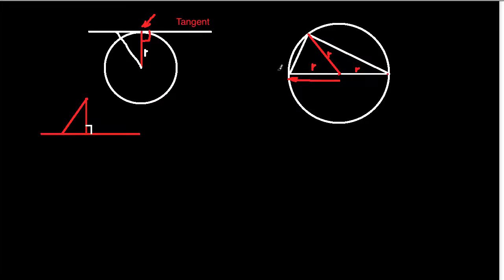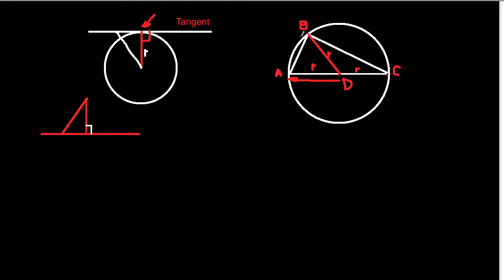Now what I'm going to do is define this angle here to be A, this angle here to be B, and this angle here to be C. And for lack of a better term, I'm going to call this point right in the center of the circle D. So what do we know? We know that the interior angles of a triangle add up to 180 degrees.